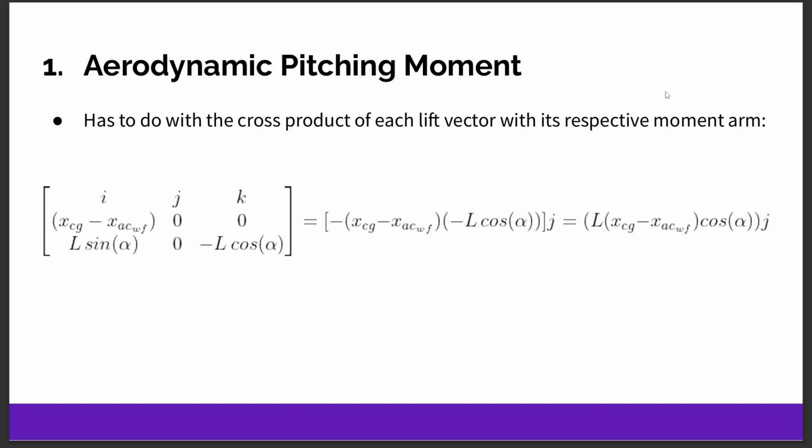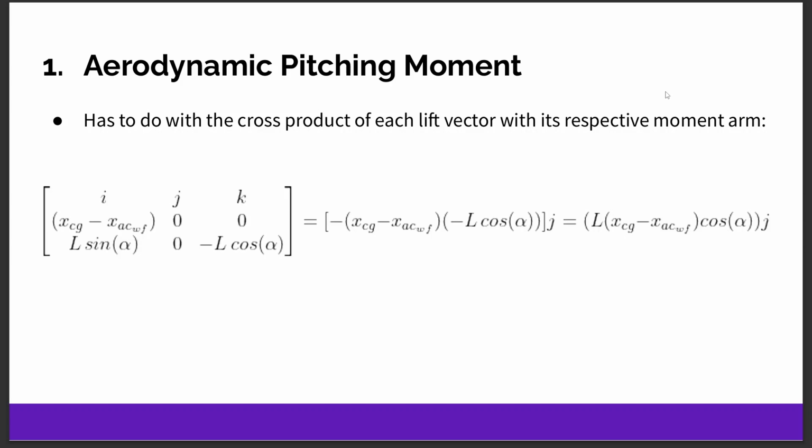So we have L sine of alpha for the x component, and that is positive because its projection on the x-axis is actually on the positive portion of the x-axis. And for the z component, we have minus L cosine of alpha, and we have a minus in front of the lift because the positive portion of the z-axis is actually downward, so lift is negative.